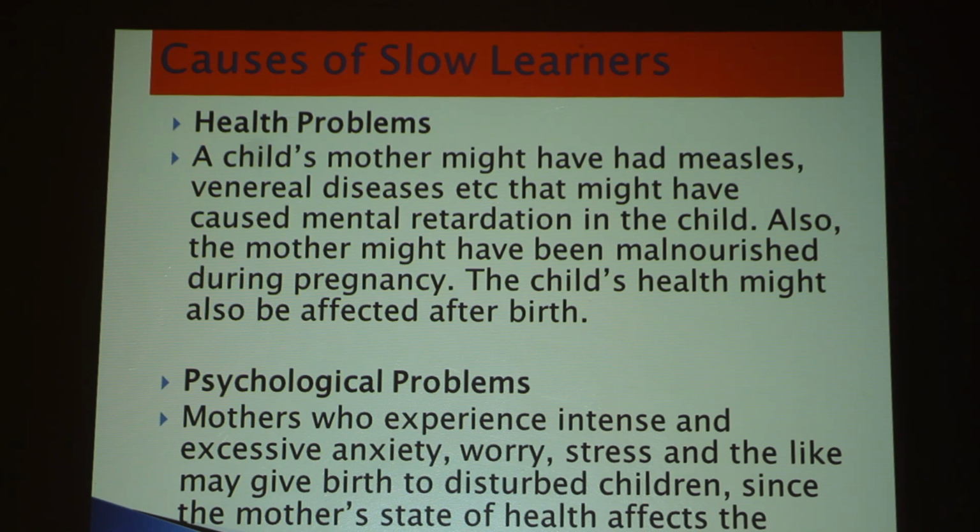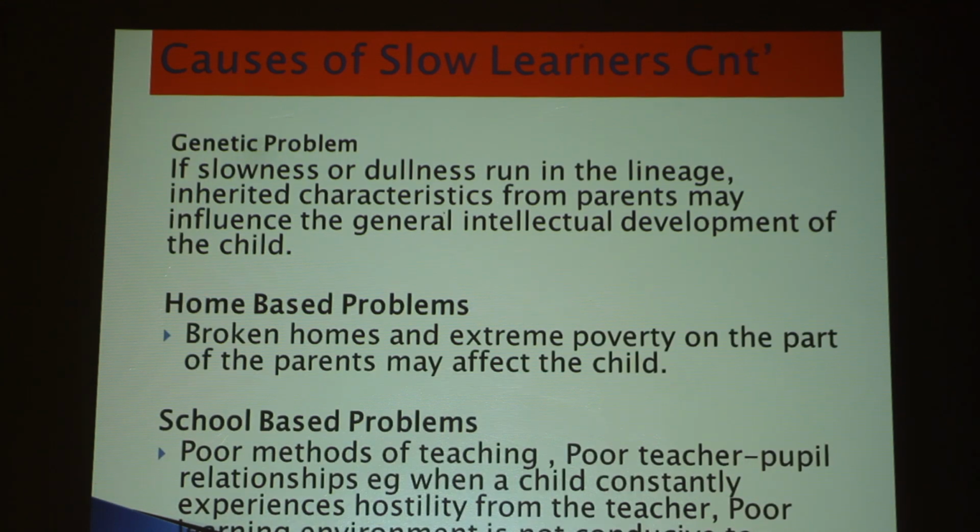If the mother has psychological issues, that's why you don't smoke, don't drink, because whatever you drink affects the child, whatever you smoke affects the child. The way you're stressed will also affect the child's growth, and then we find ourselves having a child who has problems with learning. We also have genetic problems. I don't know how we're going to discuss this one, because most times men, when they have bright children, they say, that's me.